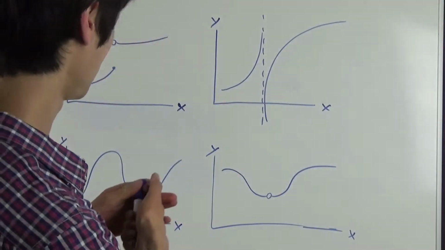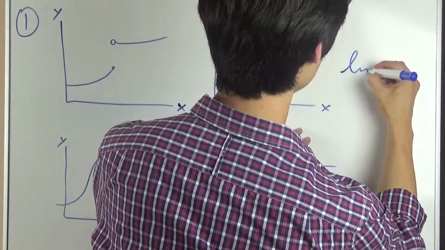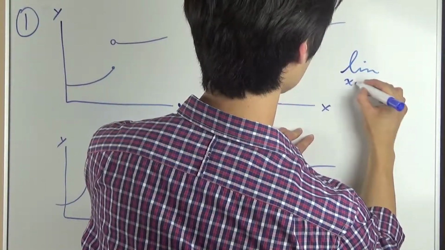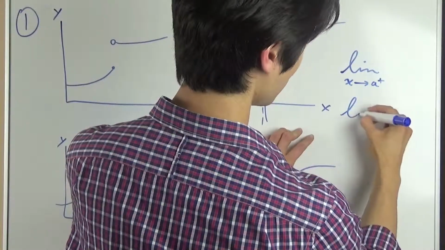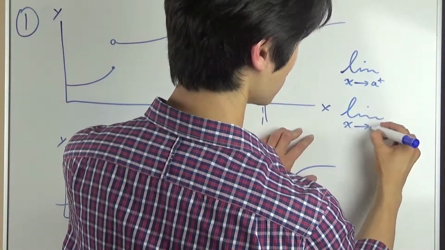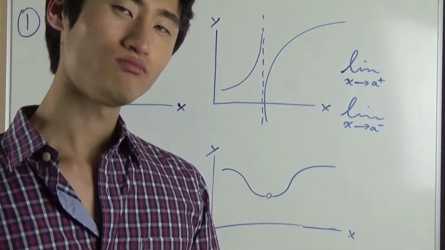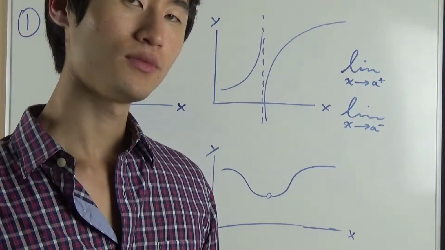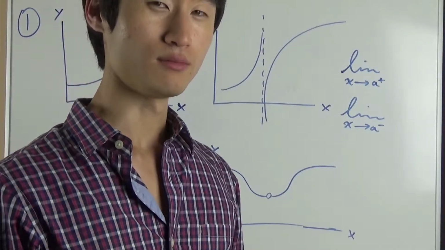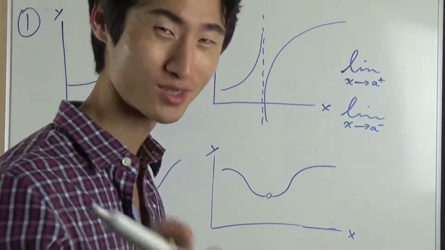Mathematically, this must be the case. So, limit as x approaches, let's call it a, positive, and limit as x approaches a, negative. Now a is just some arbitrary value that the limit may approach.